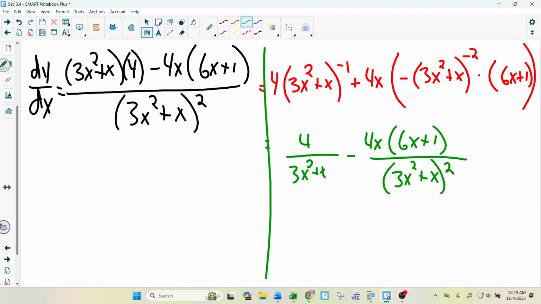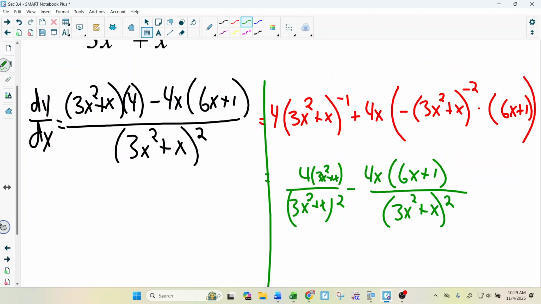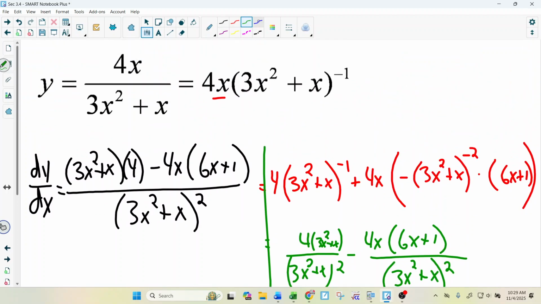And then imagine multiplying by this on the top and bottom. And so you can make that. Can you see how that's the same thing as over here now? So really you can do this two ways.